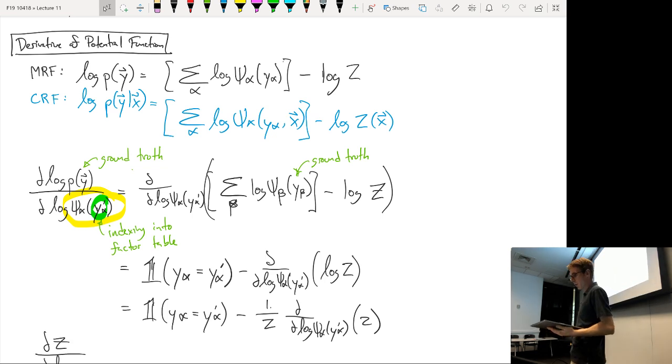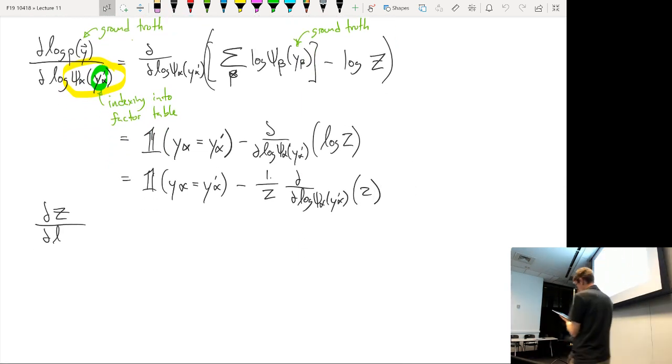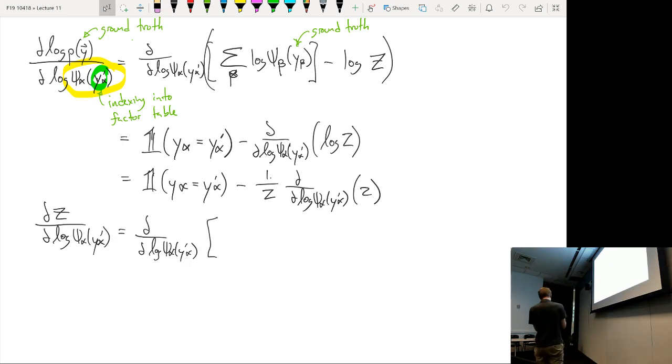To get this, we first substitute in z here, and we're going to have the derivative of the log of psi alpha y prime alpha of a summation over all the possible values that the vector y could take on. So let's call that y double prime.